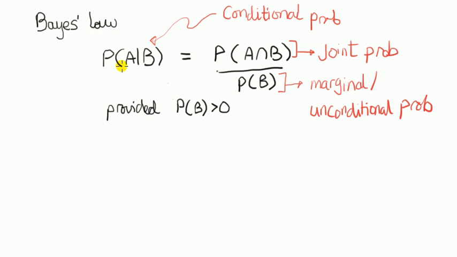It says we have two events, A and B. This says probability of A given B is equal to probability of A and B divided by probability of B. And it exists so long as this probability of B is bigger than 0, because we cannot divide by 0.